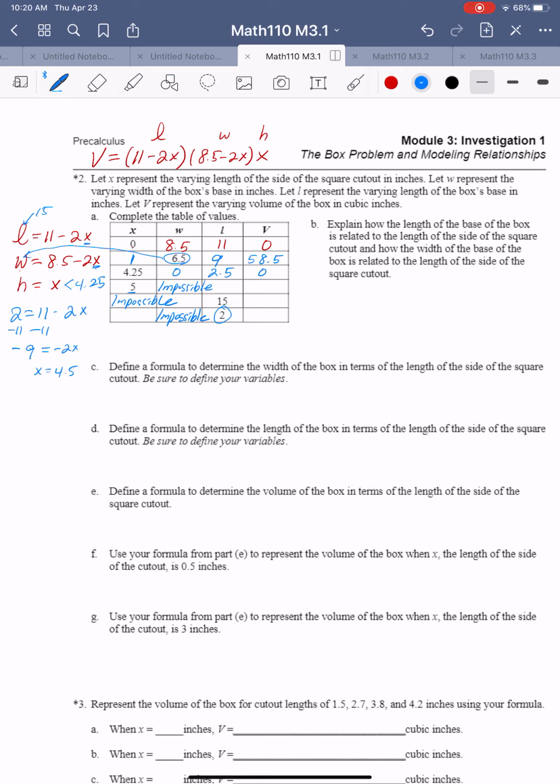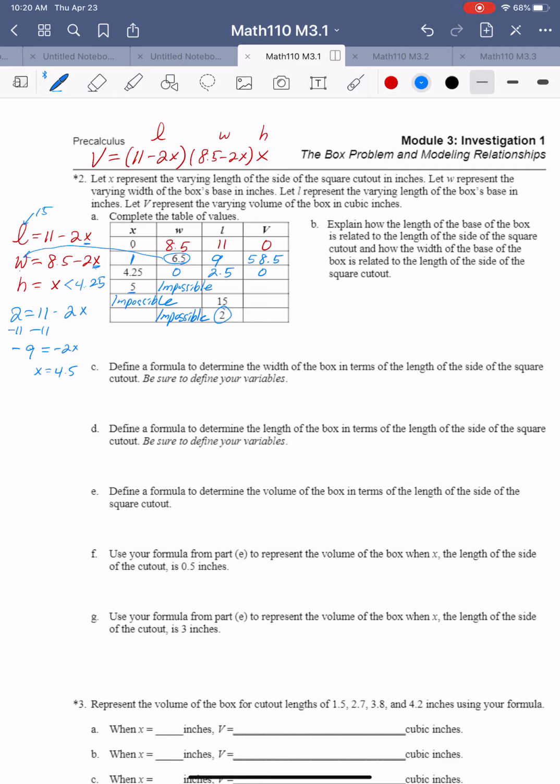So B explained how the length of the base of the box is related to the length of the side of the square cutout, and how the width of the base of the box is related to the length of the side of the square cutout. I already explained it as a formula, okay?